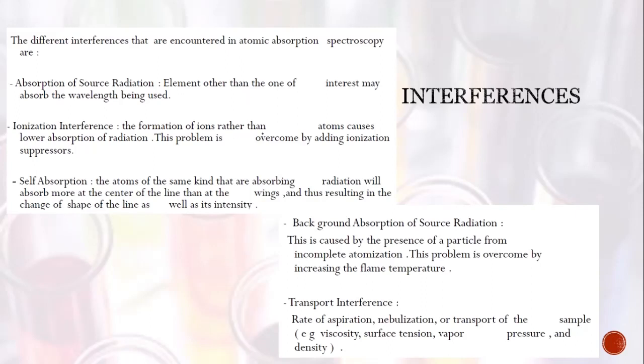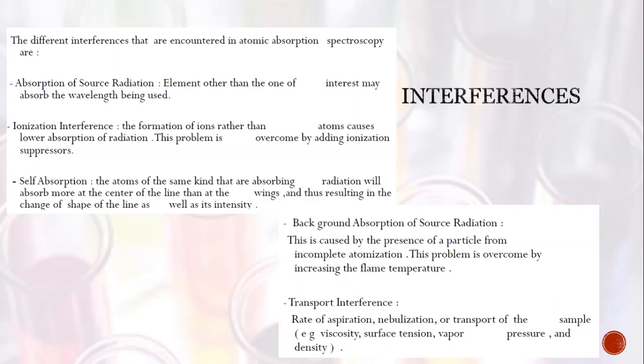Ionization, the formation of ions rather than atoms, causes lower absorption of radiation. So maybe as you're doing atomization, instead of making them into atoms, they become ionized instead, and that may reduce the amount of absorption of radiation that may occur, hence giving us less concentration than it should be.